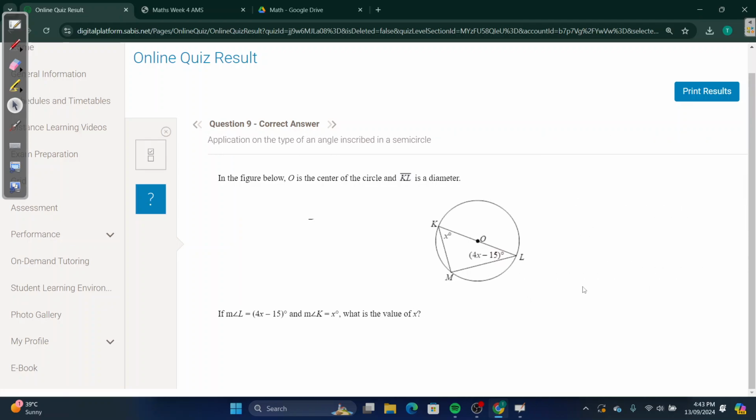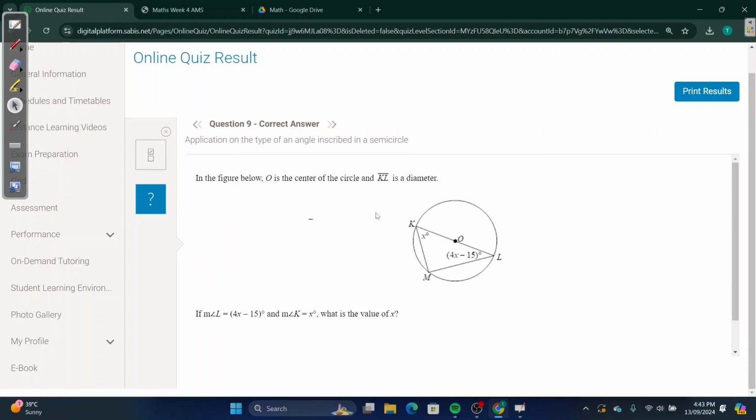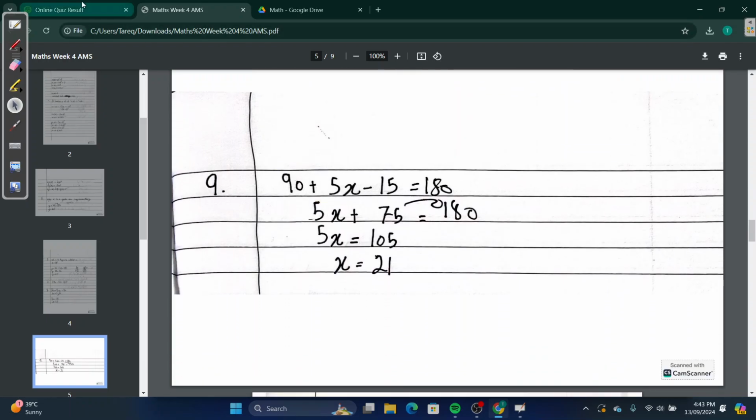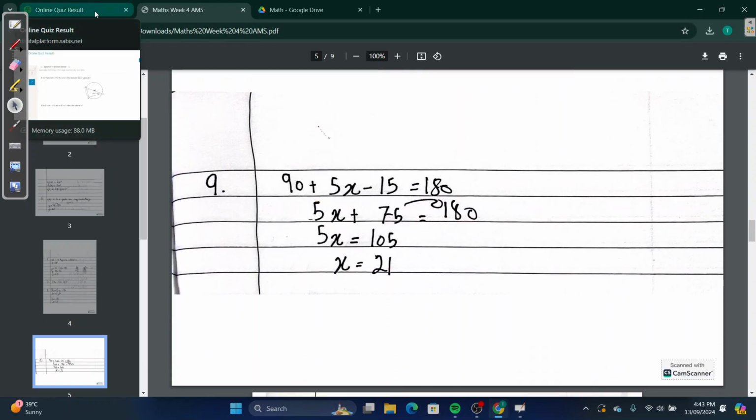Question 9. Okay. Since KL is the diameter, angle M is 90 degrees because again it's half of the arc formed by the semicircle. So this is 90 plus x plus 4x minus 15.